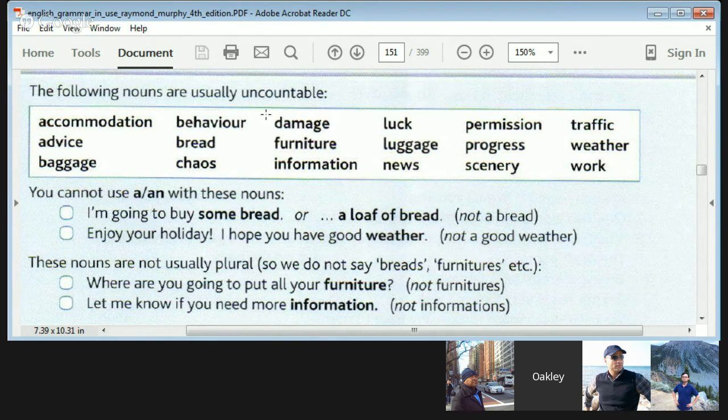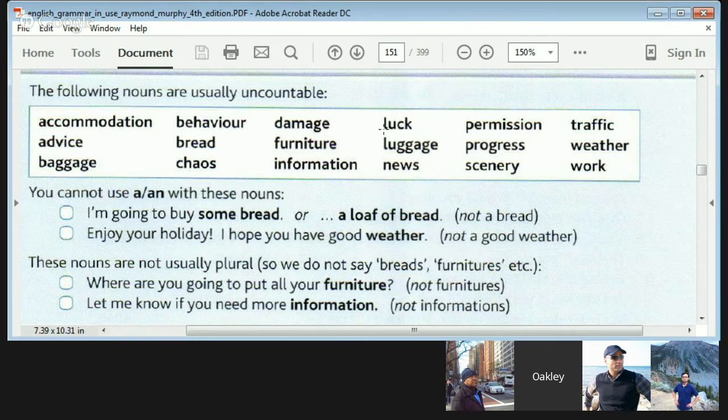Okay, sometimes you hear it with a plural, damages. He had to pay for the damages. But strangely enough, that's a strange one because he had to pay for the damage, he had to pay for the damages. You can actually say it with the S or without the S. Either way, it's still uncountable. I can't say he had to pay for 3 damages. So that's a little odd.